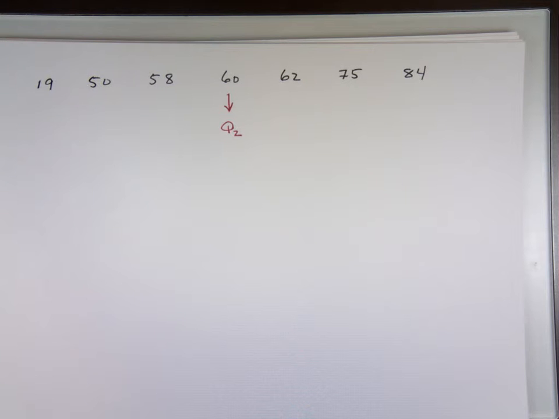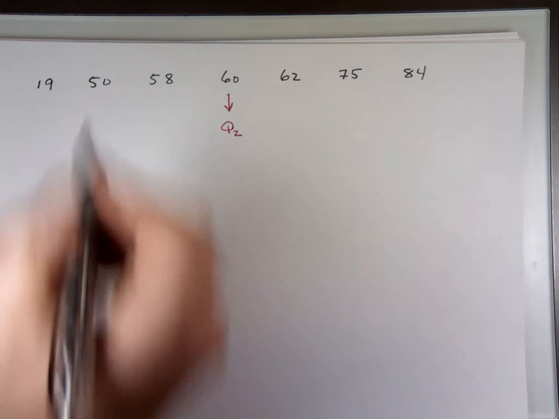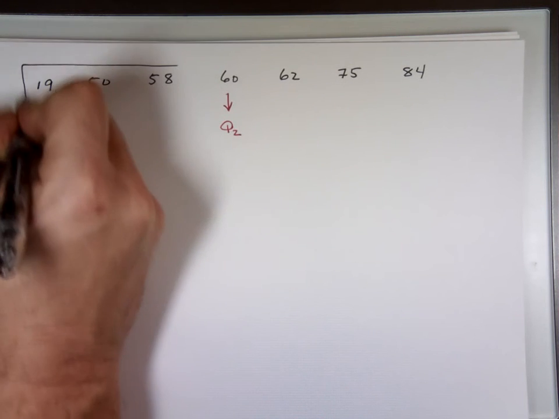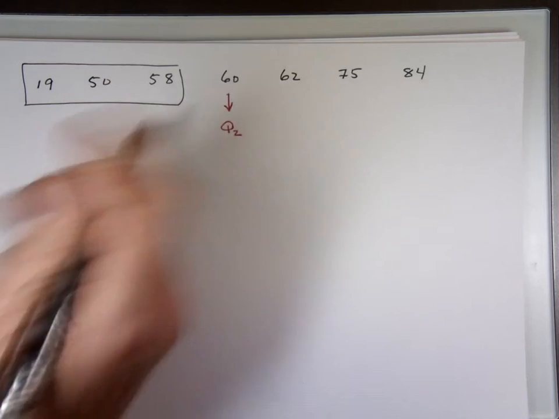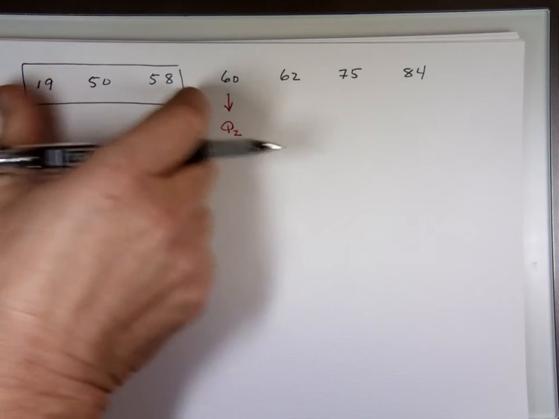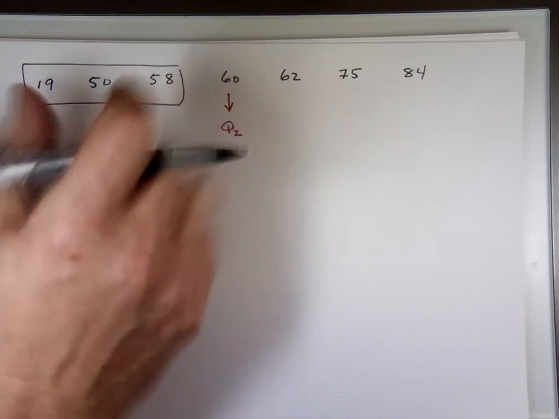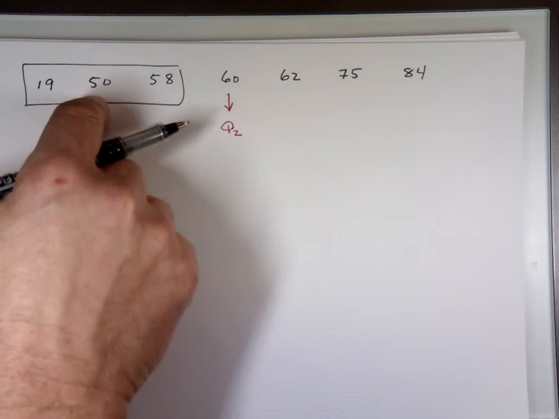Now, how do you find Q1 and Q3? In between the left side and Q2, and the right side and Q2. So how would I find Q1 here? Would it be 50? Yes, because this is now the 50th percentile. So let's take this and find the median for this one. What's the median for this?